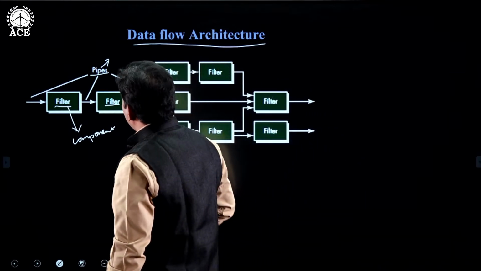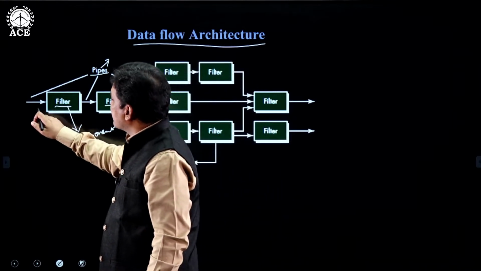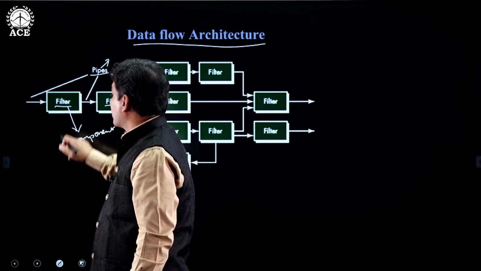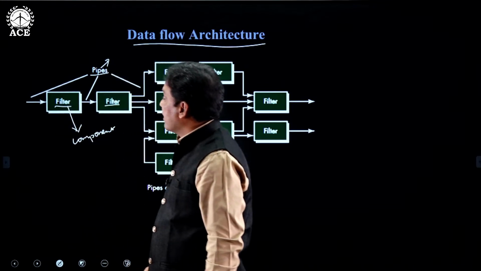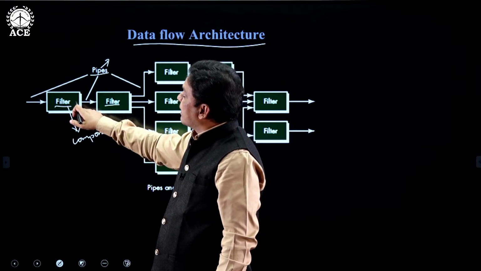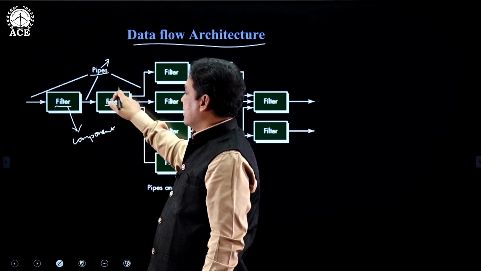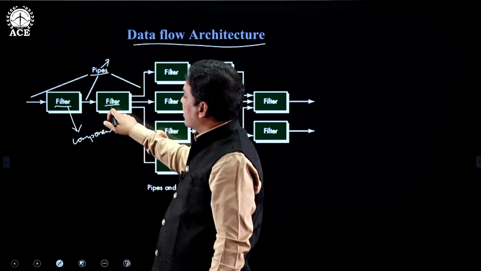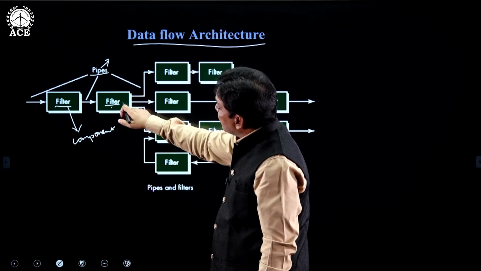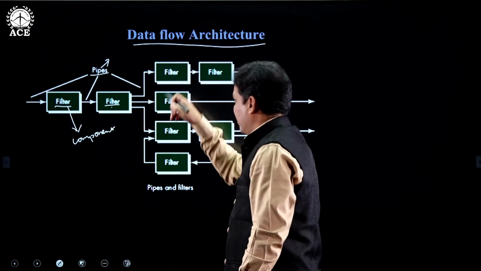Now, what is the importance of this data flow architecture? When some input is given, that input reaches this component, and this component produces some output. That output is given as input to the next component, which is processed by component 2. Component 2 produces outputs, and this output is given as input to the remaining components.